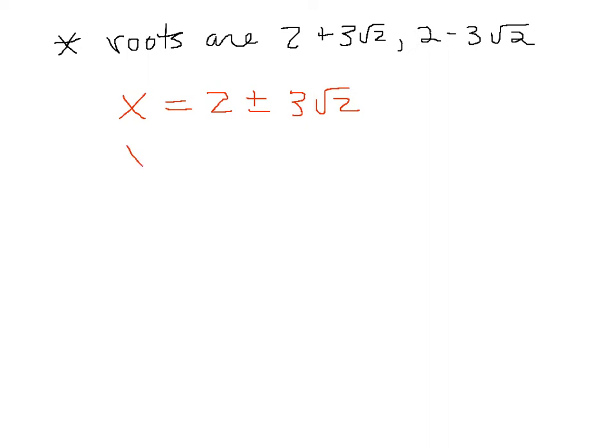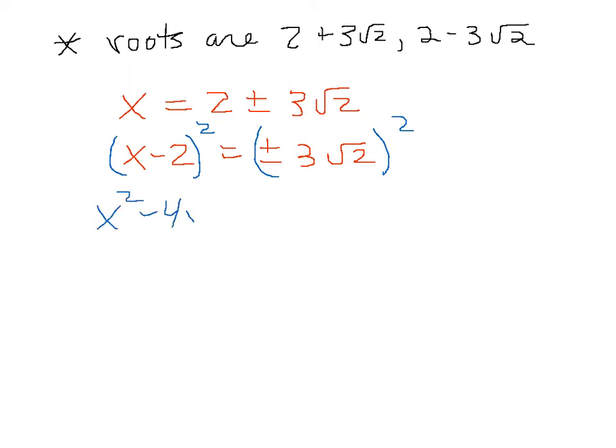Now that's the same thing as saying that x minus 2 is equal to plus or minus 3 square root of 2. And so what I can do here very cleverly is square both sides. And so on the left, what I get is x squared minus 4x plus 4.